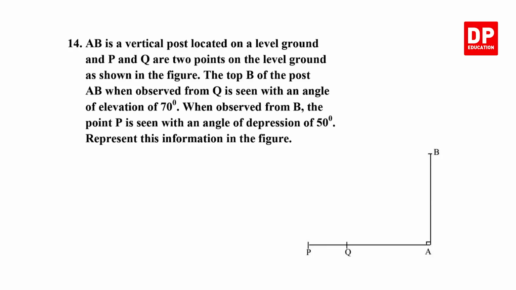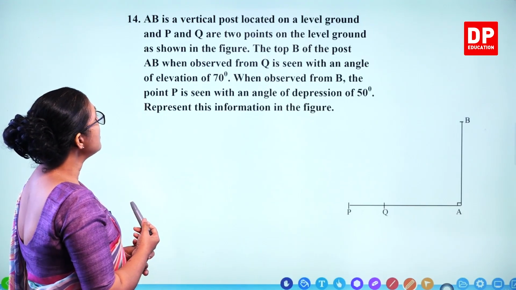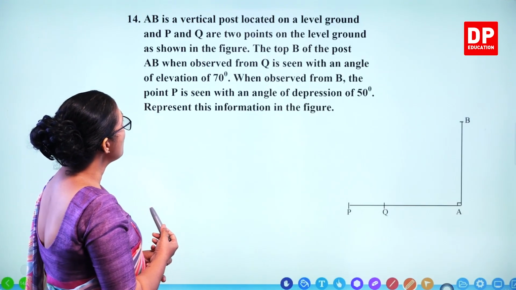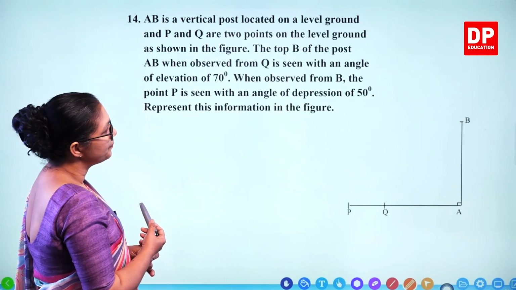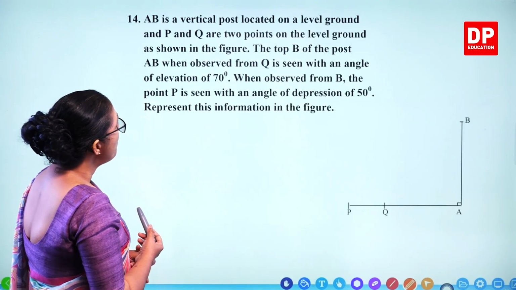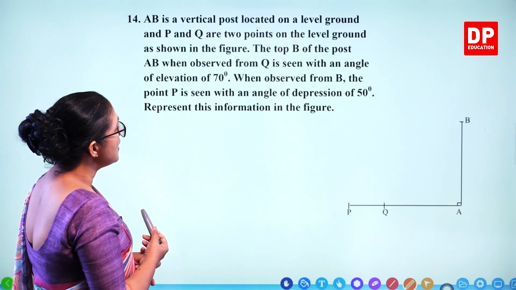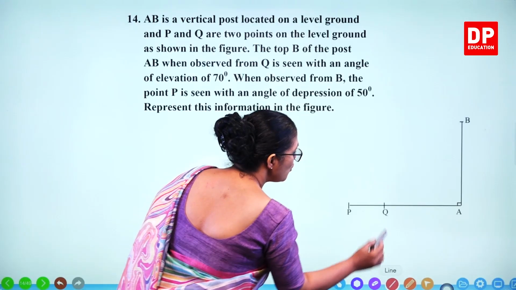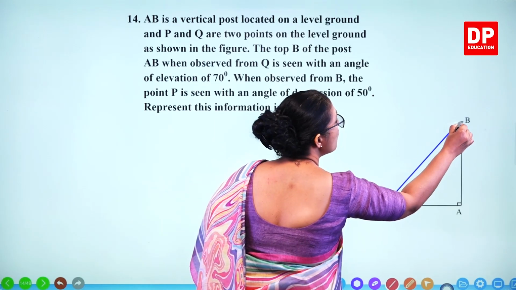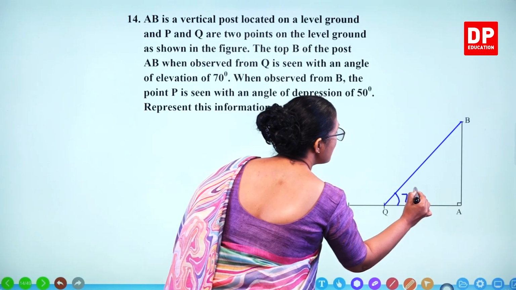Question number 14. AB is a vertical post located on a level ground and P and Q are 2 points on the level ground as shown in the figure. The top B of the post AB when observed from Q is seen with an angle of elevation 70. So when you observe from Q, the angle of elevation is given 70 degrees.